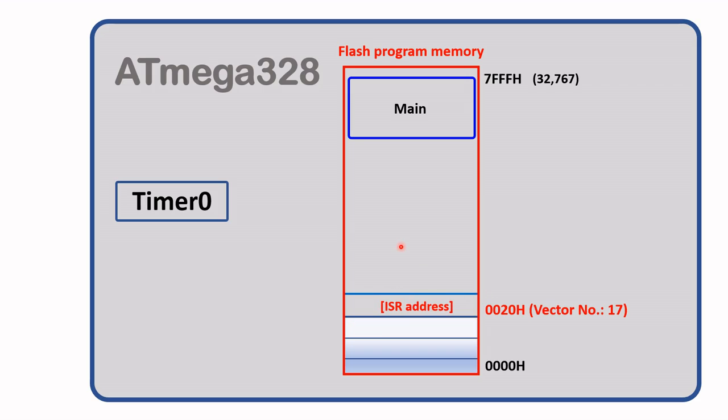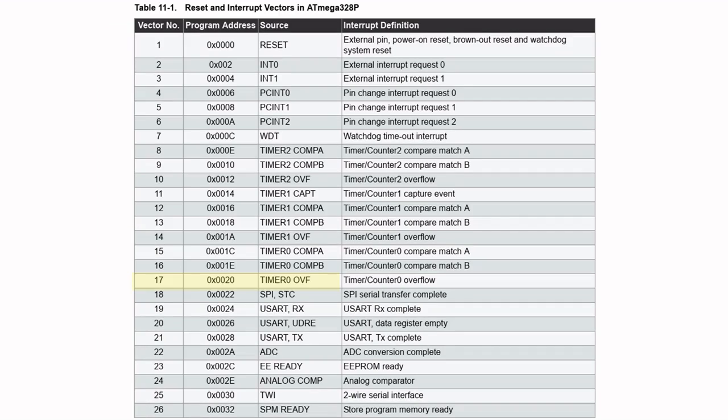Now, let's explore this interrupt vector thing. From the data sheet, this is what we call the interrupt vector table. As mentioned earlier, I'm only interested in vector number 17, which is this one here. Let's put a red dotted box around it.